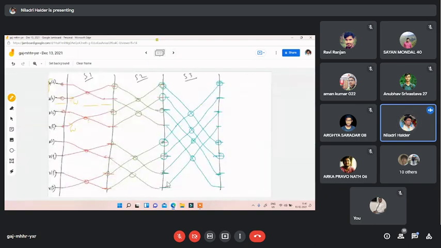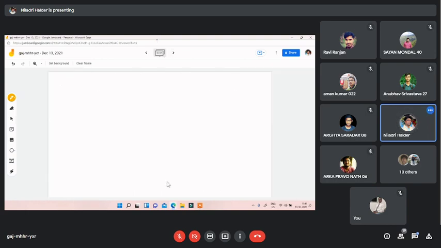So each butterfly will have its twiddle factor. For each and every butterfly, for this butterfly here, for this butterfly here, like that. What should be the value of that twiddle factor? That will be defined by this formula.